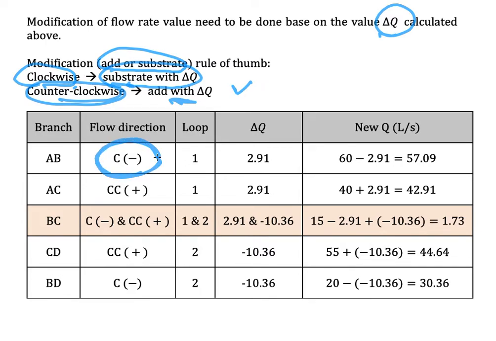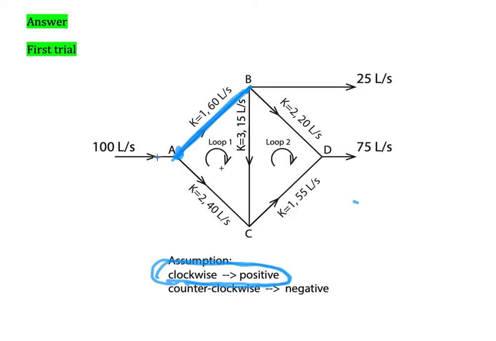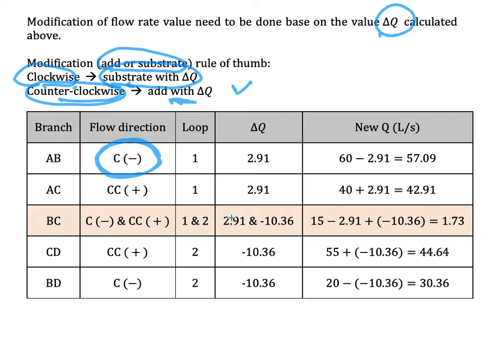And then the AC. If we see the AC here, the flow is actually counterclockwise, so it must be add. So here, we have add. And then we leave the value of BC here for later.